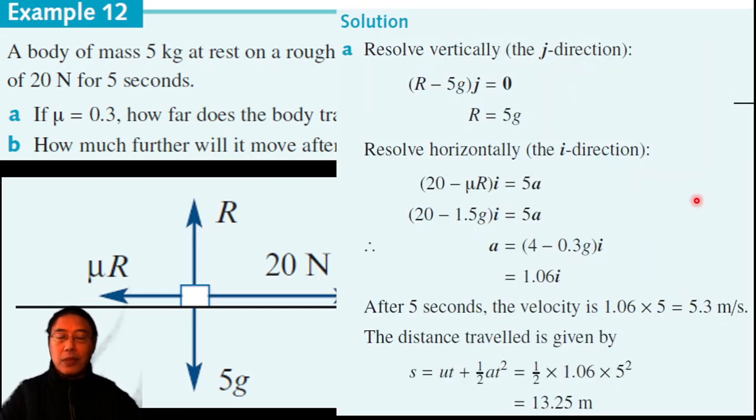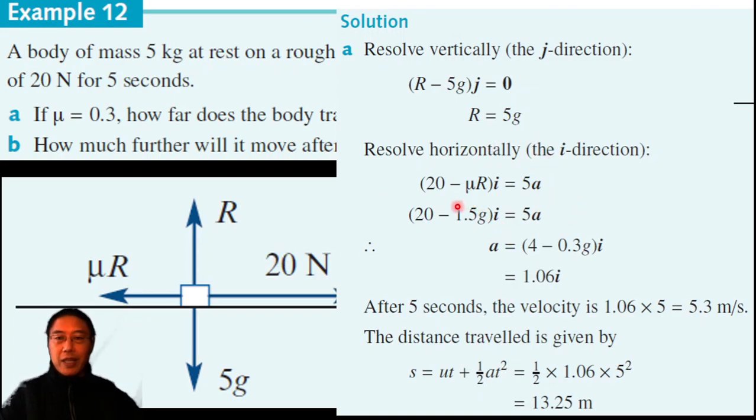Okay, so apply Newton's second law of motion. You have, vertically, R minus 5g, which is the weight force, and that needs to be equal to 0 because there's no vertical motion. So R is equal to 5g, which we're going to substitute straight away in the next equation.